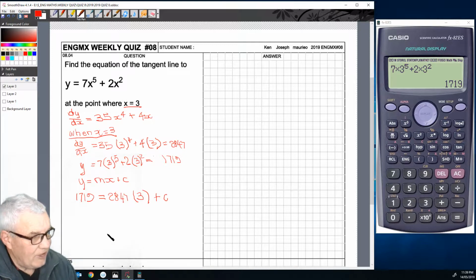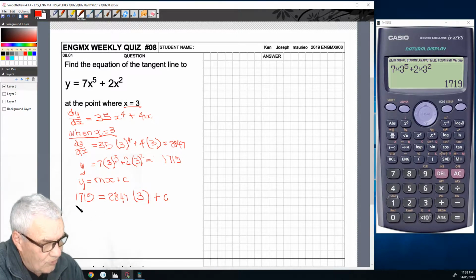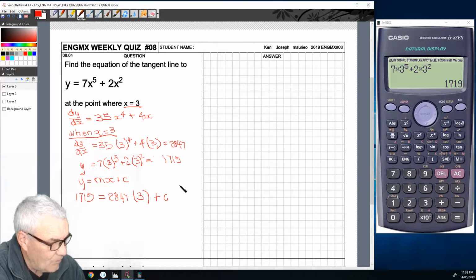And so we want to get c on its own, so we've got to subtract 2847 times 3 from both sides.